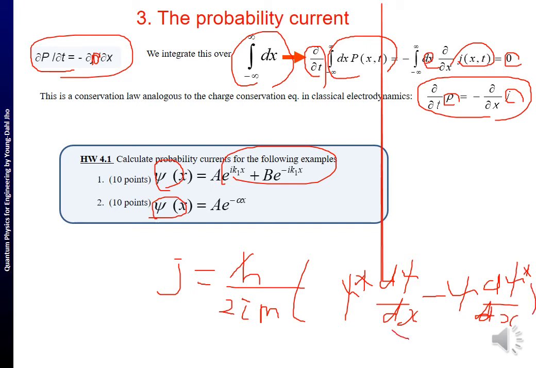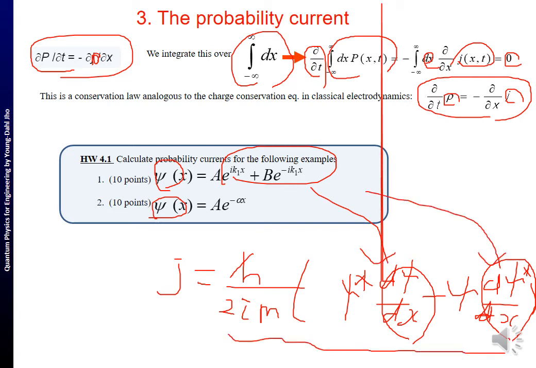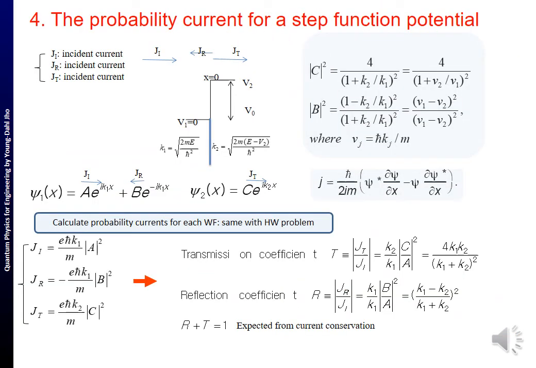So you calculate dψ/dx and its complex conjugate, put those values there, and then calculate this. So it won't be that difficult once you give it a try.